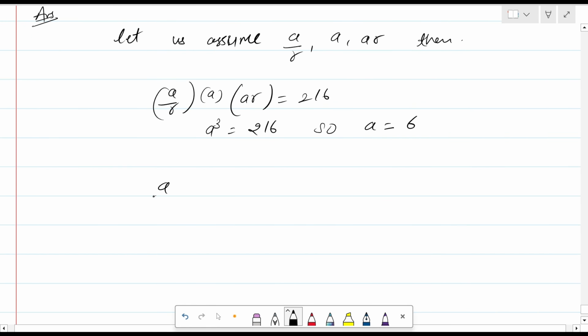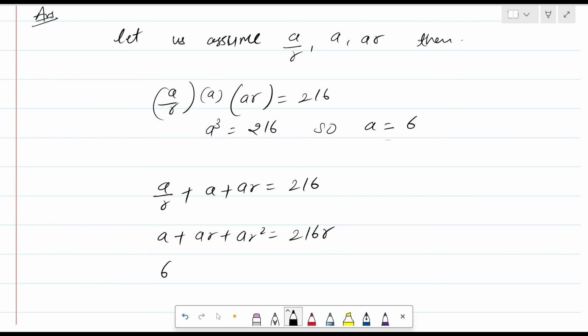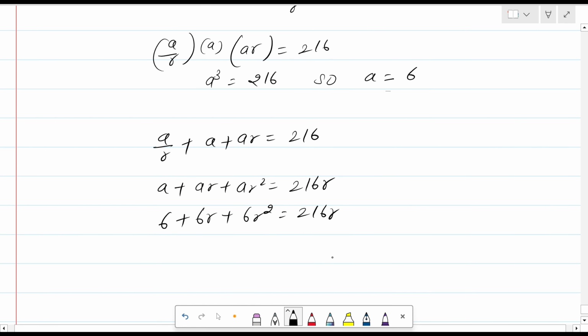Now what is the sum of these three terms? The sum of these terms is 26.